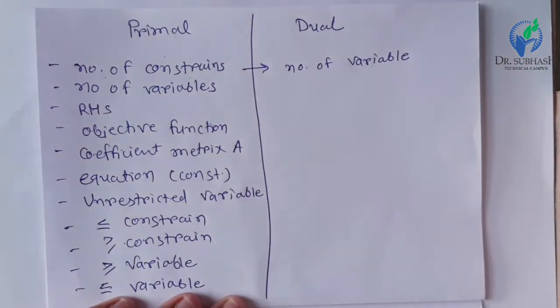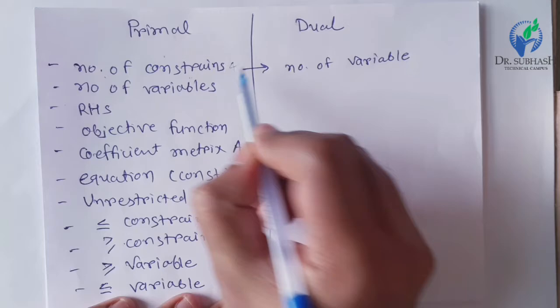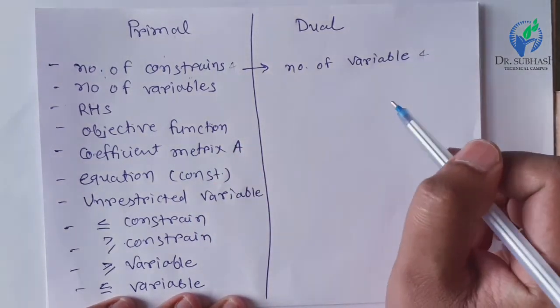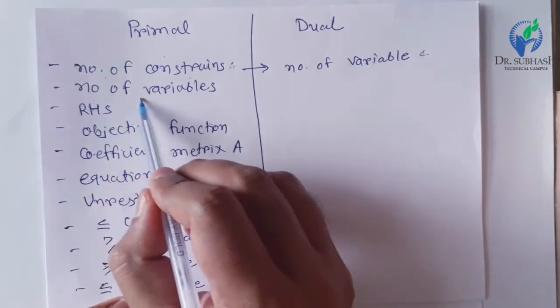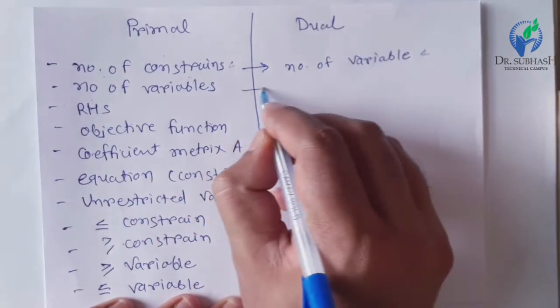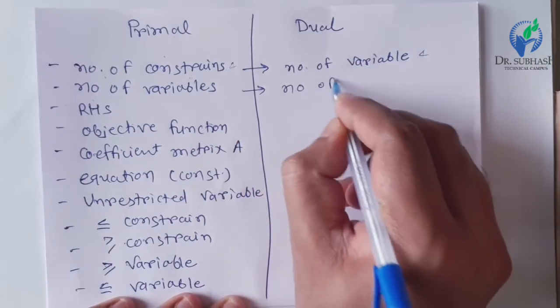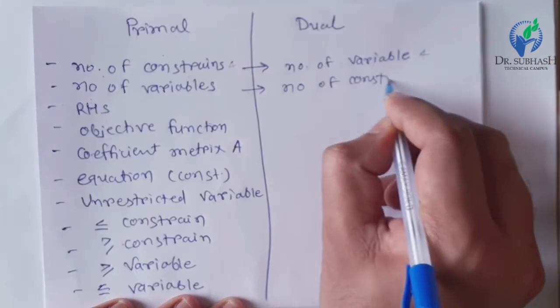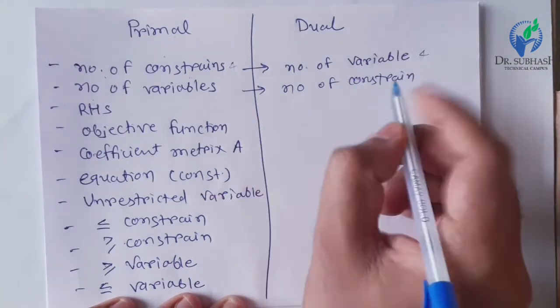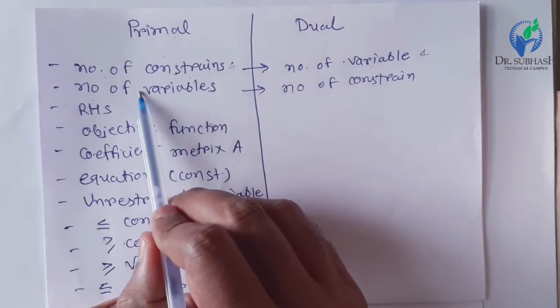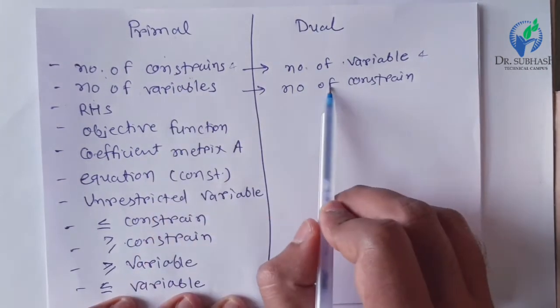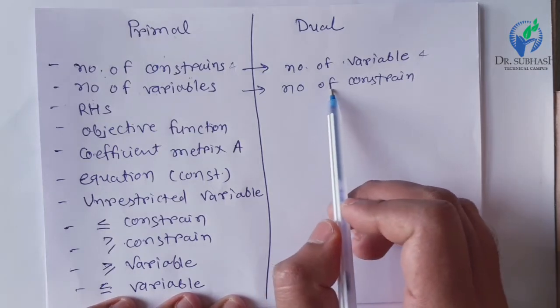Say if there are 4 constraints, there are 4 decision variables, or simply variables, in the dual. And the number of variables in the primal will become the number of constraints in the dual. So both are vice versa.